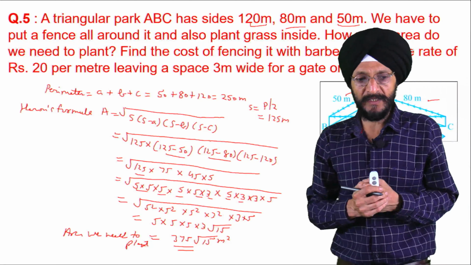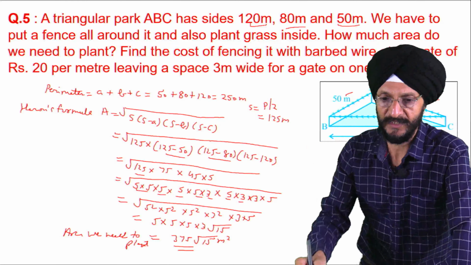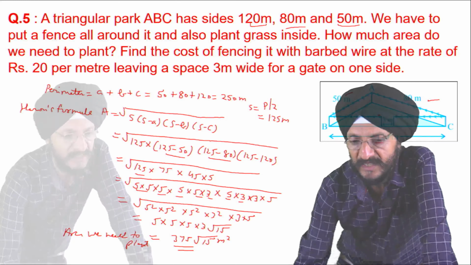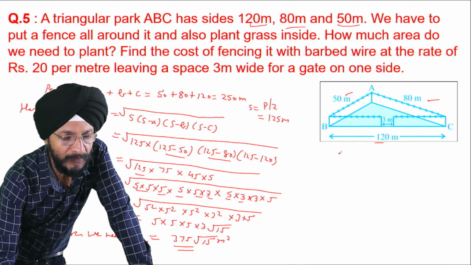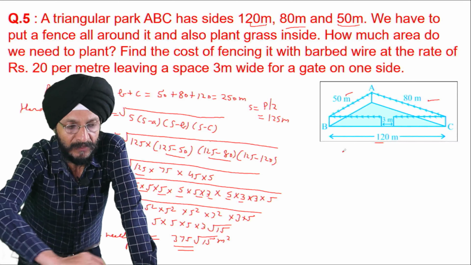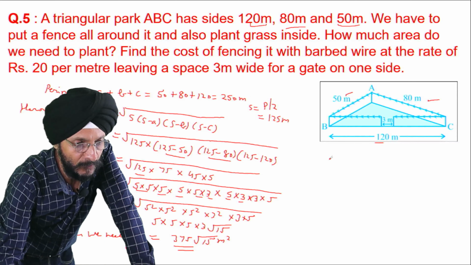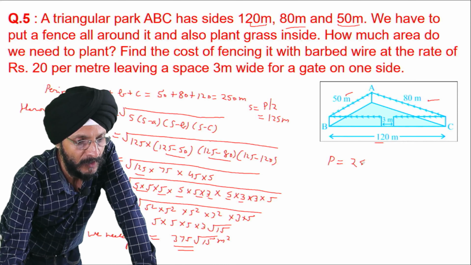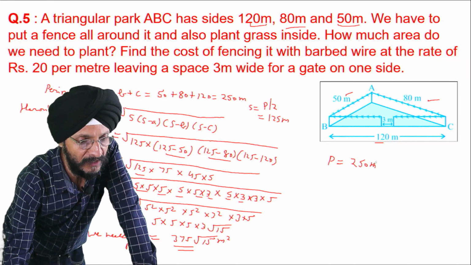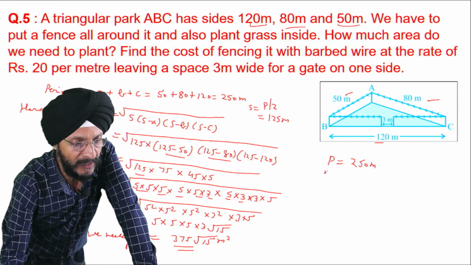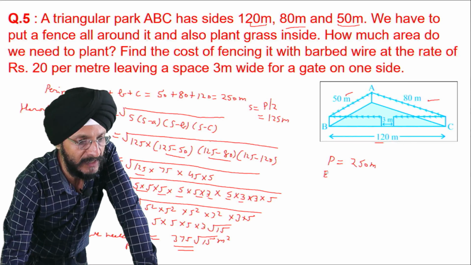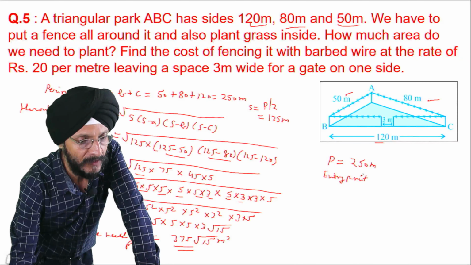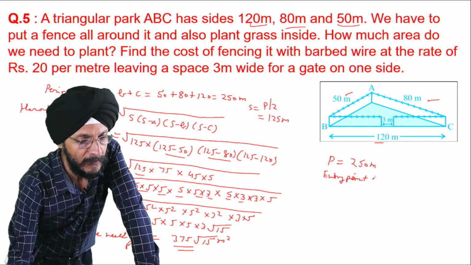Now the other part is, what is the cost of fencing? When we are putting fencing, we will put it all around the triangle. That is, we will take care of the perimeter. Perimeter is 250 meter. But here is an important point: the entry point is leaving a space of 3 meter.